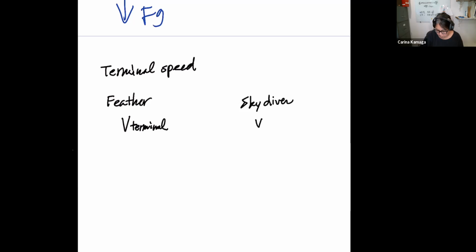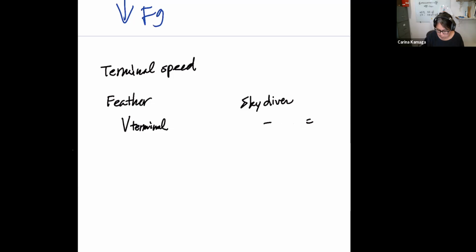Let's compare the terminal speed of the skydiver and a feather. The initial terminal speed that a skydiver can reach is, I mentioned, 200 kilometers per hour. That's really fast, like a fast train.